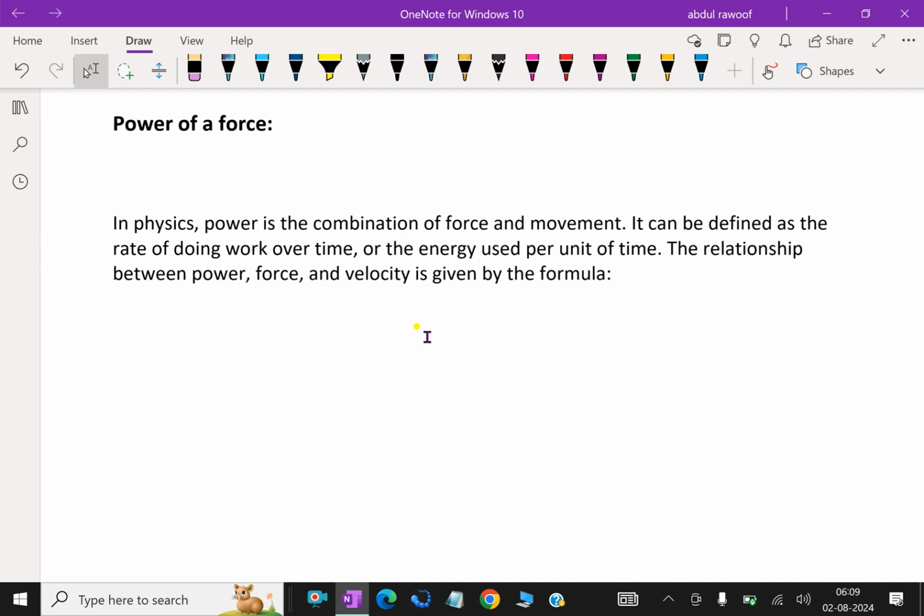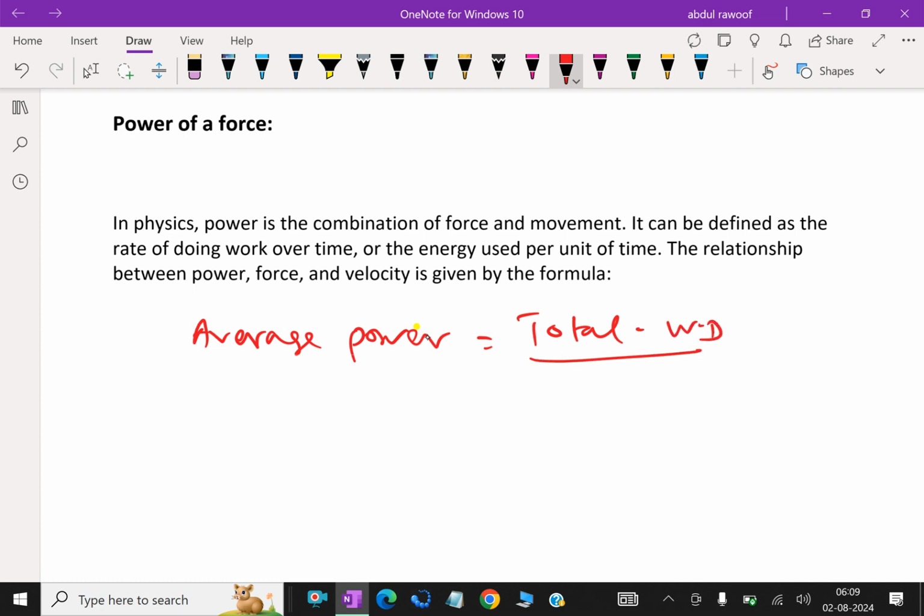We have, first, average power. Average power is total work done over total time taken, that is W total by T time.